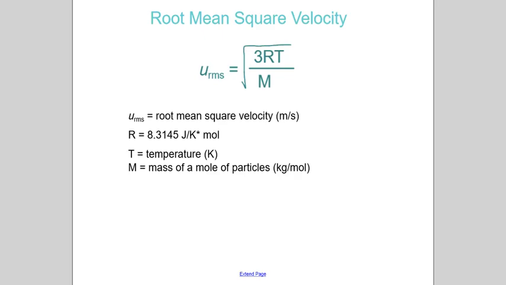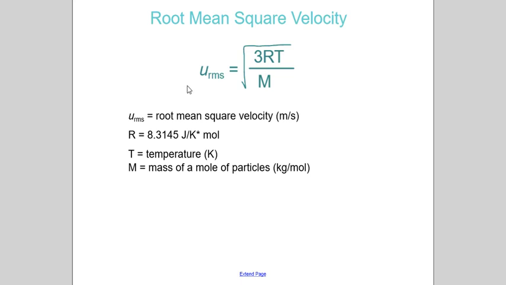Okay. The root mean square velocity. So this fun equation, honestly, you won't really use this for very much, but we need to show you the equation. So don't freak out that you have to use this all the time, but here's what it is. So this factor right here, URMS, is the root mean squared velocity, in meters per second.